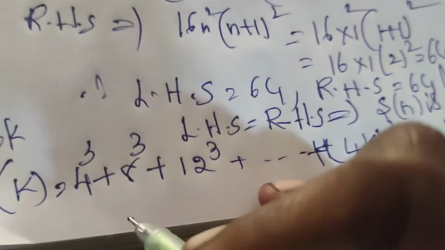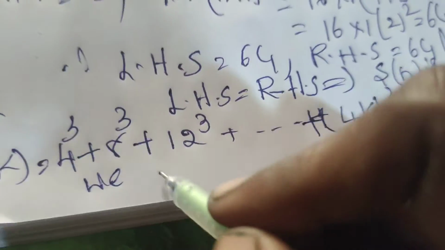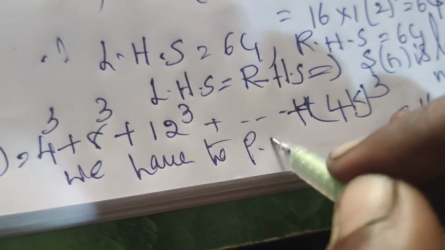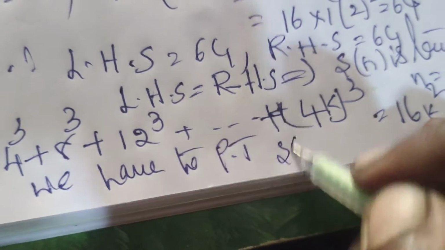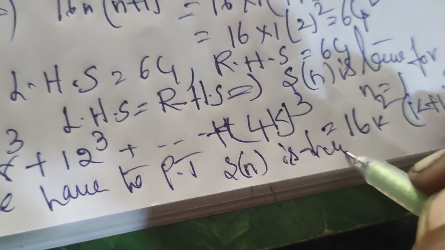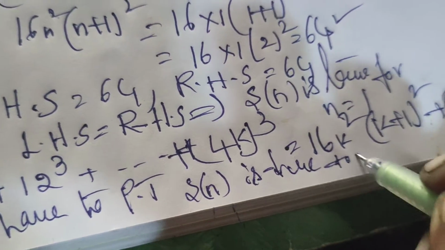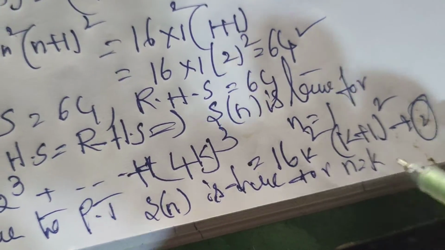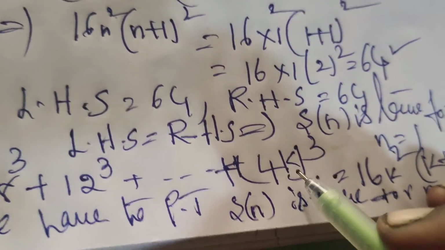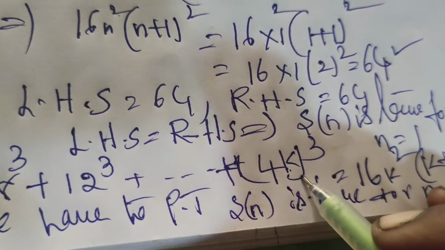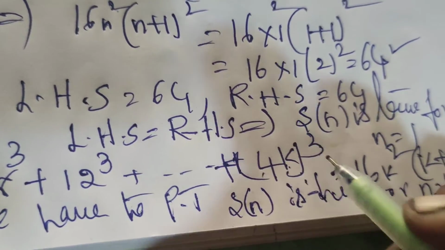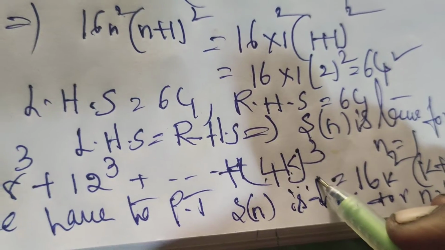Next we have to prove that the given statement S of n is true for n equals k plus 1. So here in place of k substitute k plus 1 whole cube: 4 cube into k plus 1 whole cube.